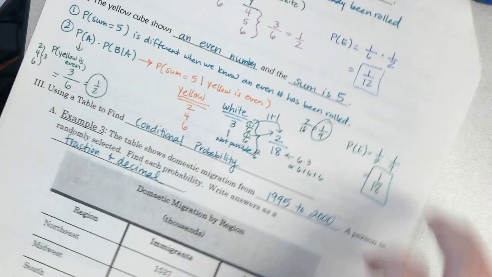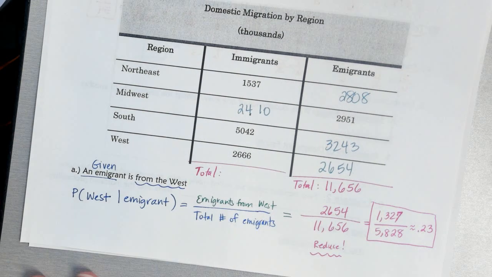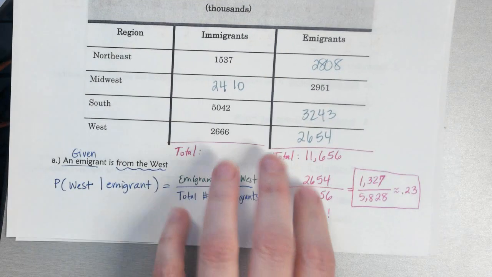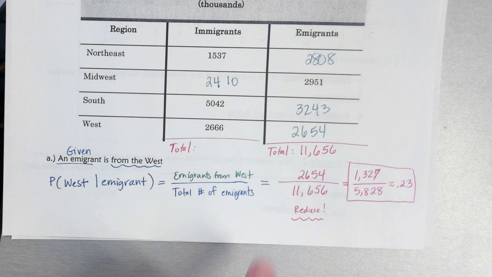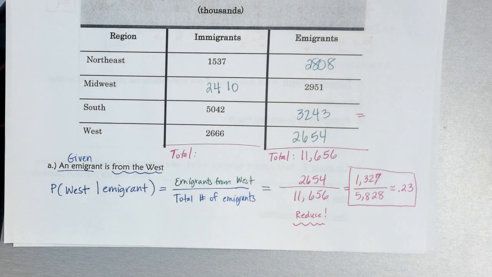So to find the total in the South, how do we do that? Yeah, you add together the immigrants and the non-immigrants, those two together.